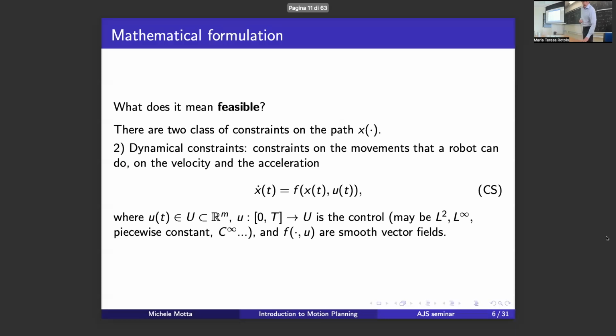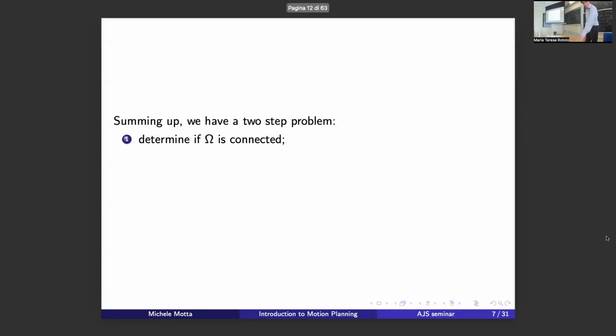So we have the system describing the dynamics, and we want to find a path between the initial state and the final state which is not just a connected path in our state space, but is also a solution of this control system.